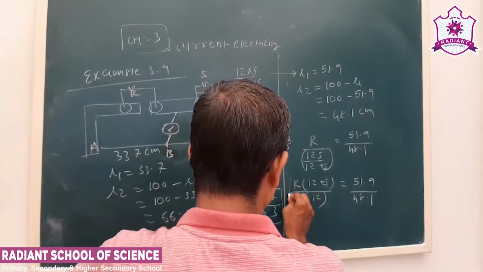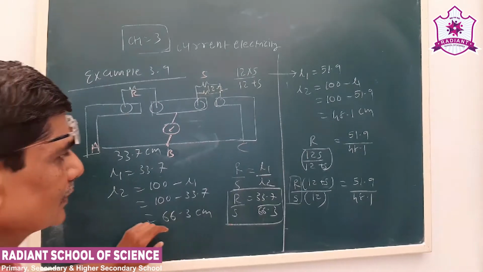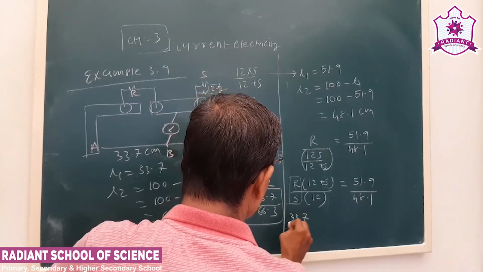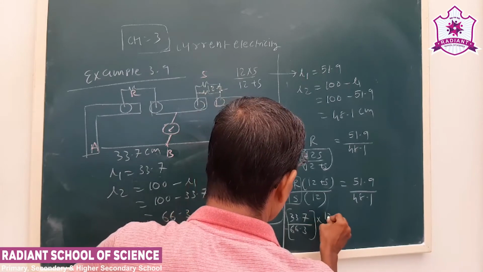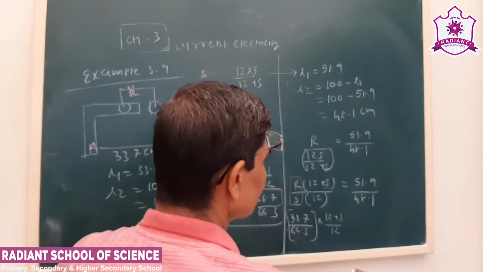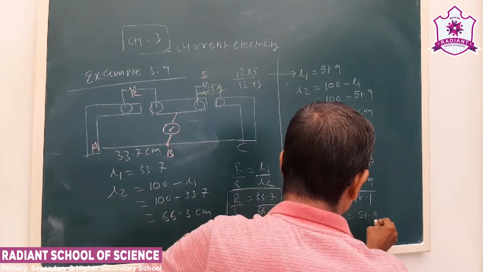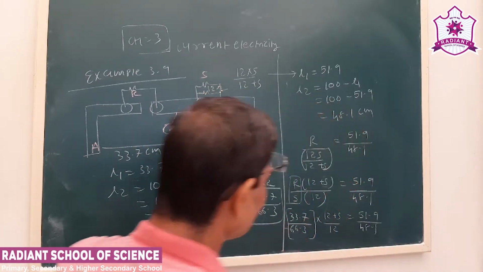We have obtained here, that is 33.7 upon 66.3, into 12 plus S upon 12 is equal to 51.9 upon 48.1.